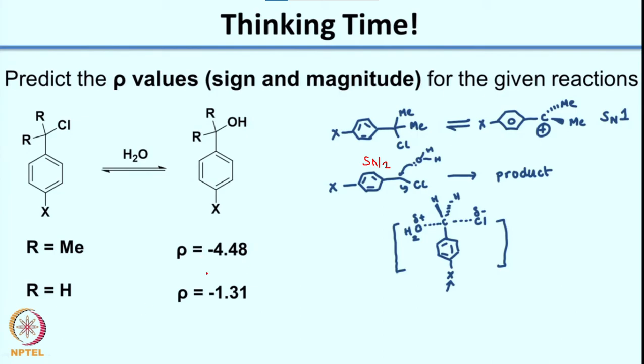Now you can see that both the rho values are negative, but the magnitude is higher in the first case compared to the second one.